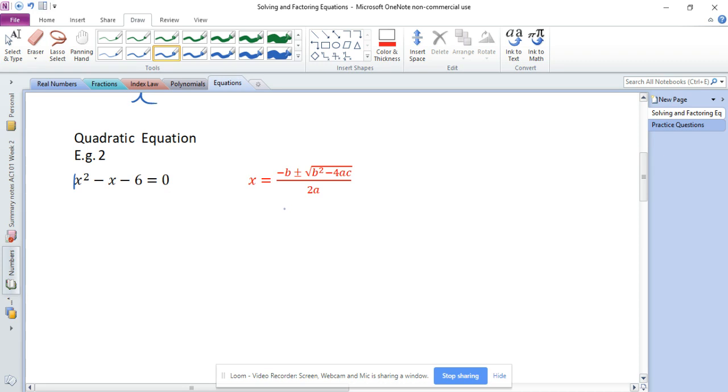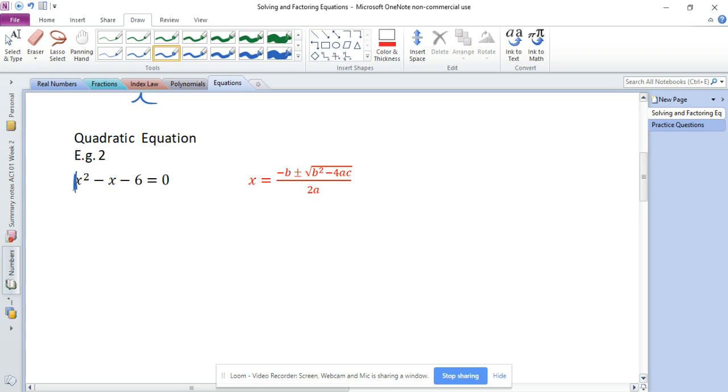In the formula, there are a couple of components, a, b, c. What are they? So a is the coefficient of x squared. What do I mean by coefficient? In this case, for x squared, the number in front of it is 1.